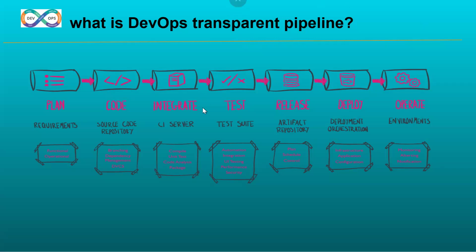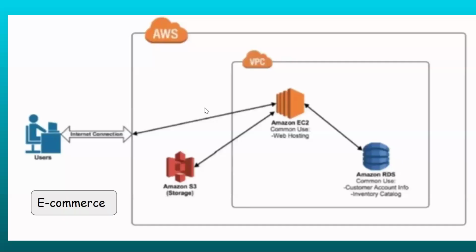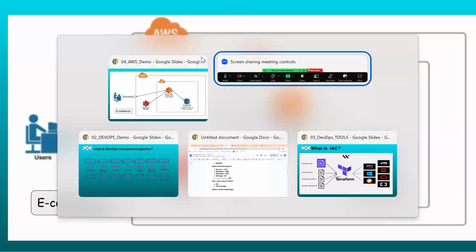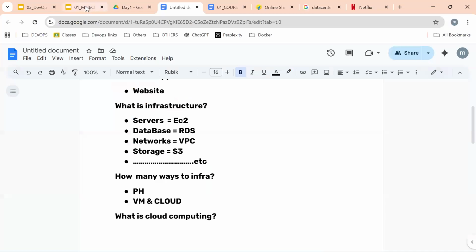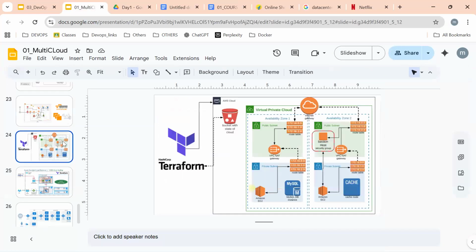For example, we'll implement this auto scaling project in AWS. We have networking: how to create networking, how to create databases, how to set up a complete end-to-end setup for deploying our application and databases with the help of Terraform.